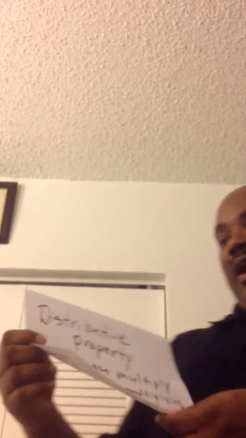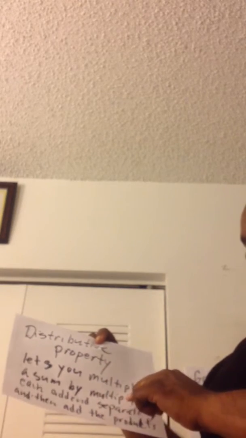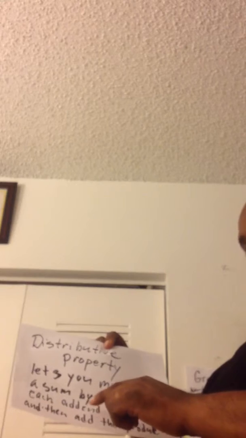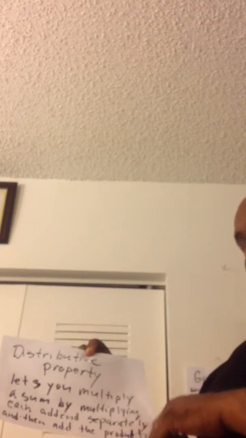The first word that I want to talk about is the distributive property. The distributive property lets you multiply a sum by multiplying each addend separately and then add the products. I will first have each student repeat the word distributive property.